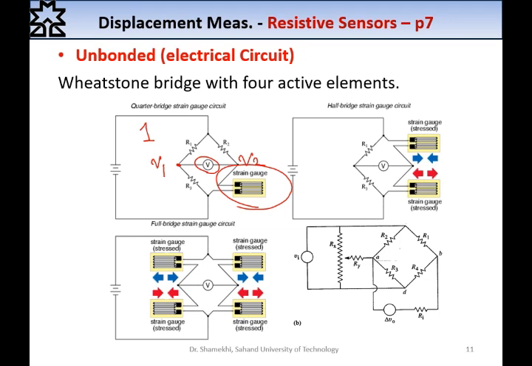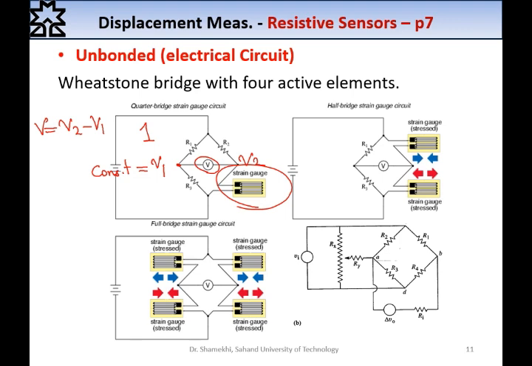If we want to measure V2 minus V1 as the voltage V, in this one V1 is constant, and the variation of the resistance of the strain gauge will only increase in one step.